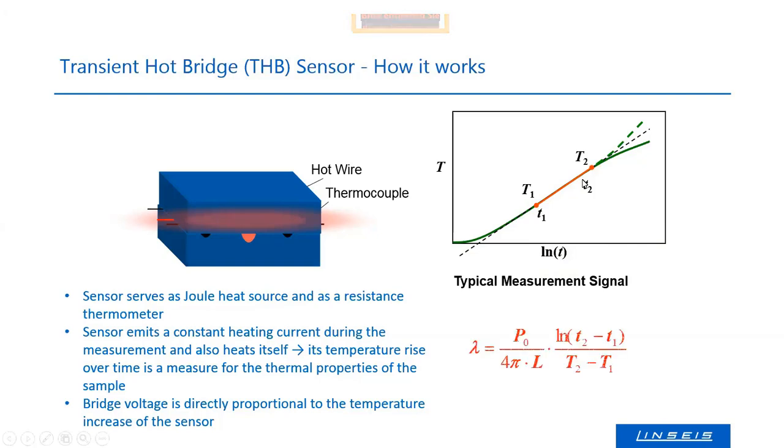The thermal conductivity is inversely proportional to the slope of this linear increase. This means if you have a good conductor, a metal for example, then the slope is quite small. And if you have an insulator, the temperature rise is faster.